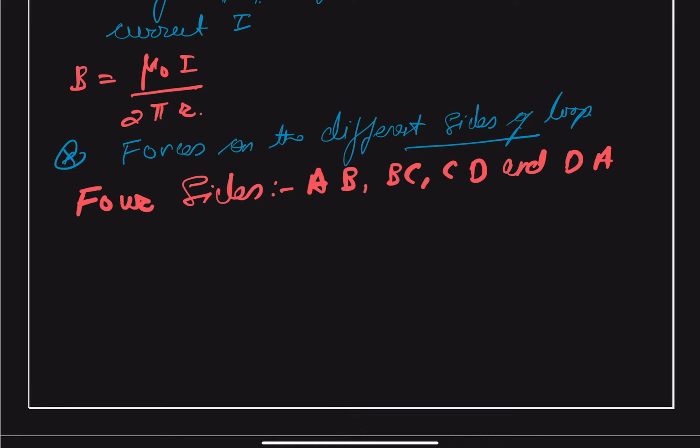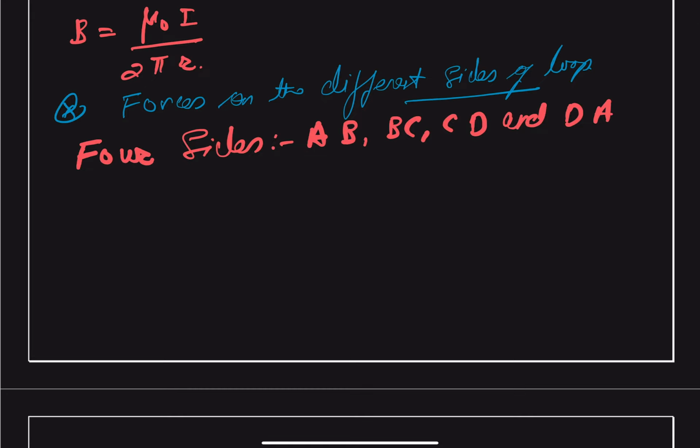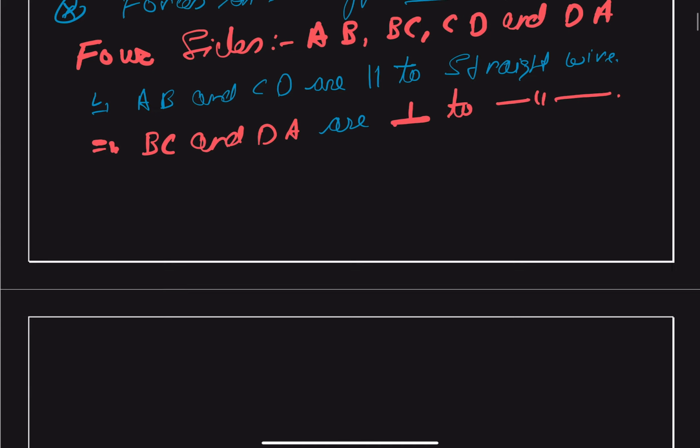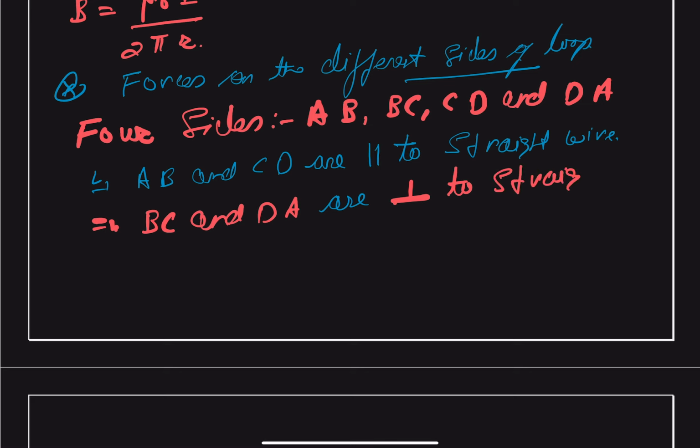In this case, the 2 sides AB and CD are parallel to the straight wire, and the remaining 2 sides, which are BC and DA, are perpendicular to the straight wire.